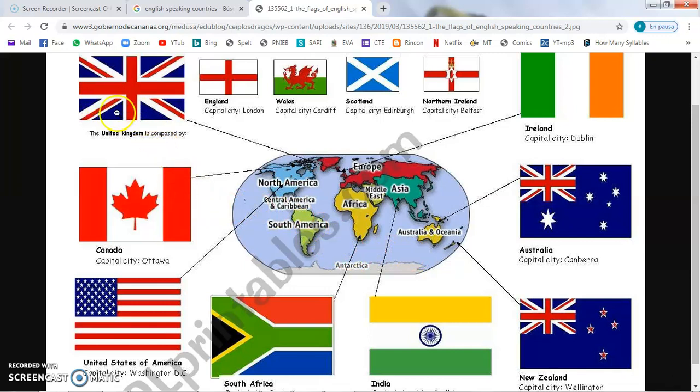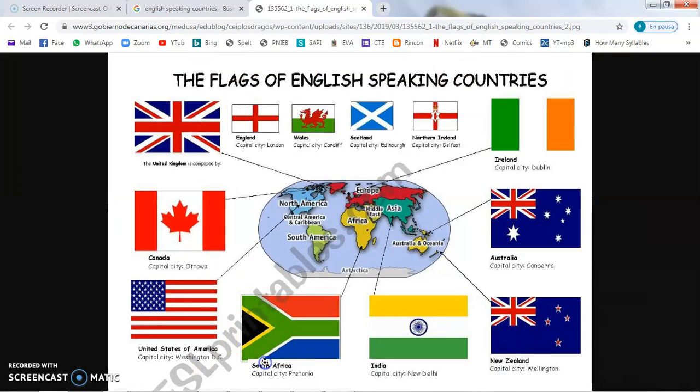The United Kingdom, Canada, United States of America, South Africa, India, New Zealand, Australia, Ireland. In class I asked, what is the language they speak in Australia? And some of the students don't know.